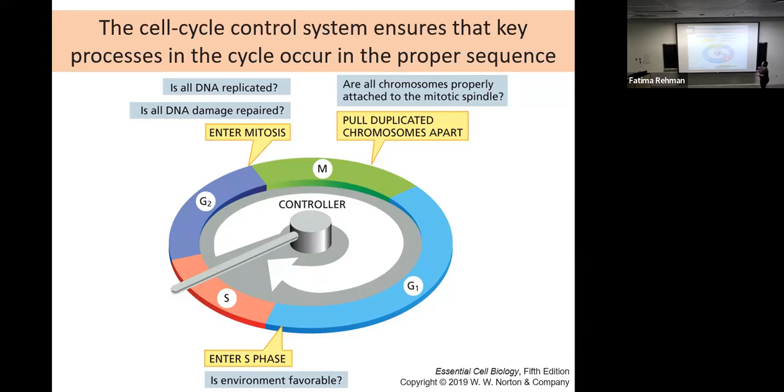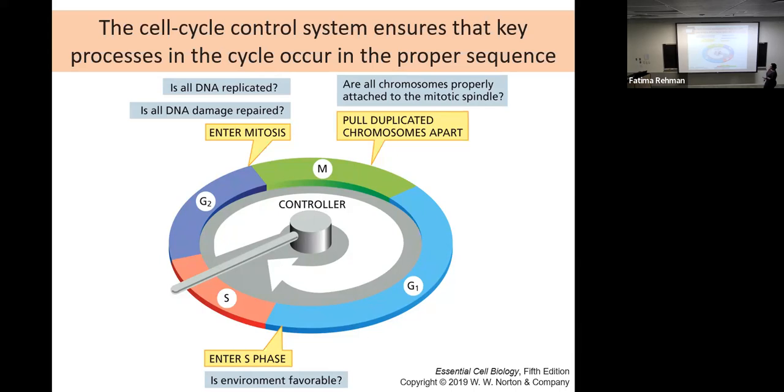If they have already entered cell cycle, the first checkpoint is at the transition between G1 to S phase. So they are going to grow and do work that they need to do until there is, again, a signal from the environment. It can be in the form of growth factors. It can be in the form of a sudden injury or toxin exposure that tells them, oh, there's some damage and we need to recover from it.